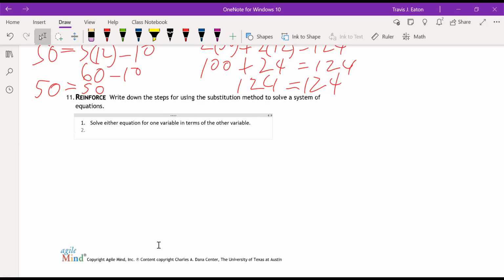The second step then is to substitute that expression into the other equation to get an equation having only one variable.